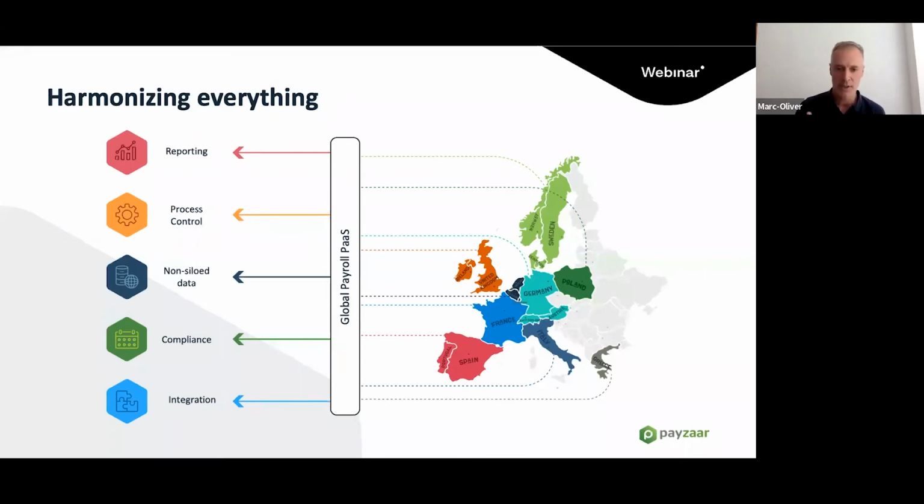Hence we see those lines running out of the countries into the PaaS platform. But all that wobbliness and fragmentation and all the heterogeneous structures in a PaaS model are being abstracted, standardized, and harmonized.